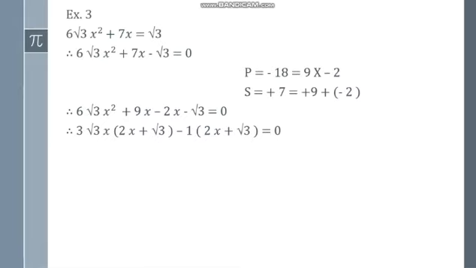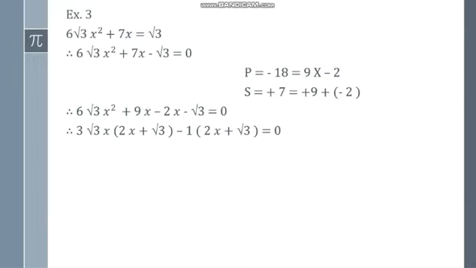So we get 3√3x as the common factor. Let me explain again. 6 we split as 2 into 3, with √3 as it is, and 9 we split as 3 into 3, where one 3 stays and the second 3 is split as √3 into √3.